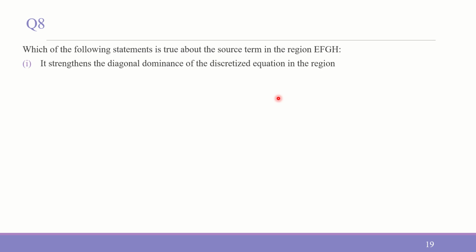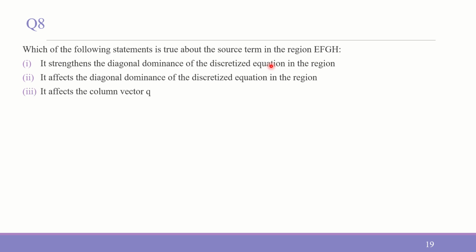It does not strengthen the diagonal dominance of the discretized equation in the region. Similarly, it does not affect the diagonal dominance. And third, it affects the column vector Q. The third one is a true statement. Option C is the right answer.